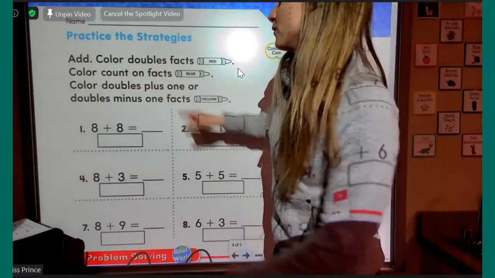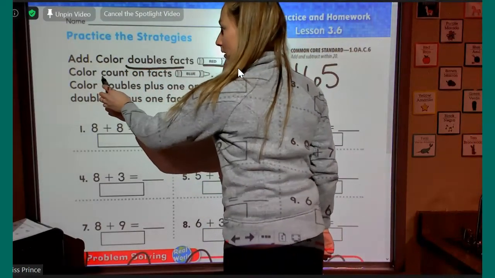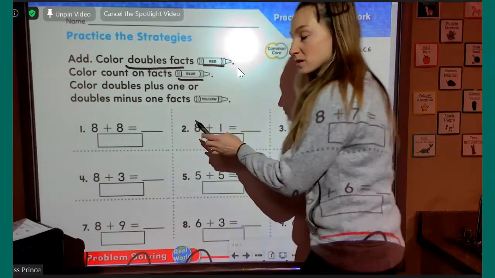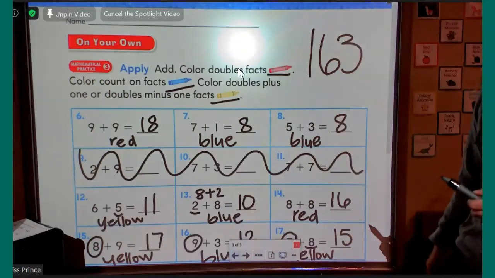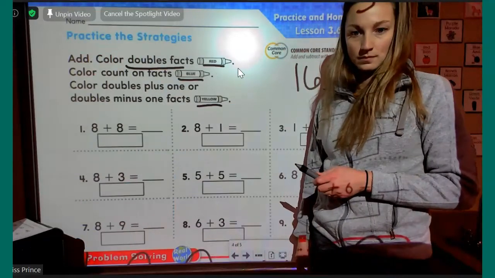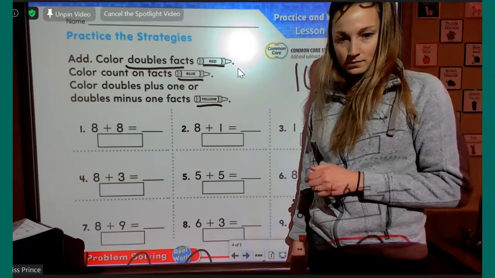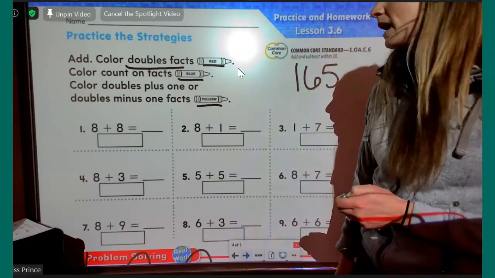It says for doubles facts, you're going to use red. Count-on facts are blue. Doubles +1 or doubles -1 are yellow. It's the same colors that we used over here. Can we color the crowns in? You can if you feel like it, but you don't have to.